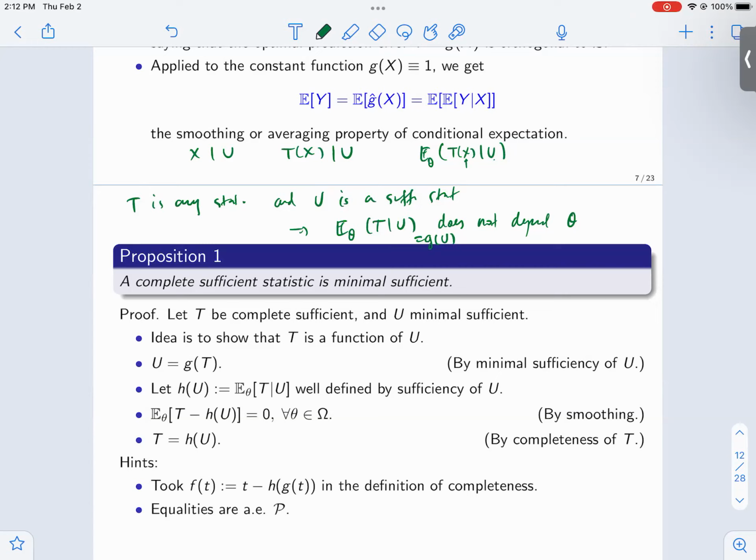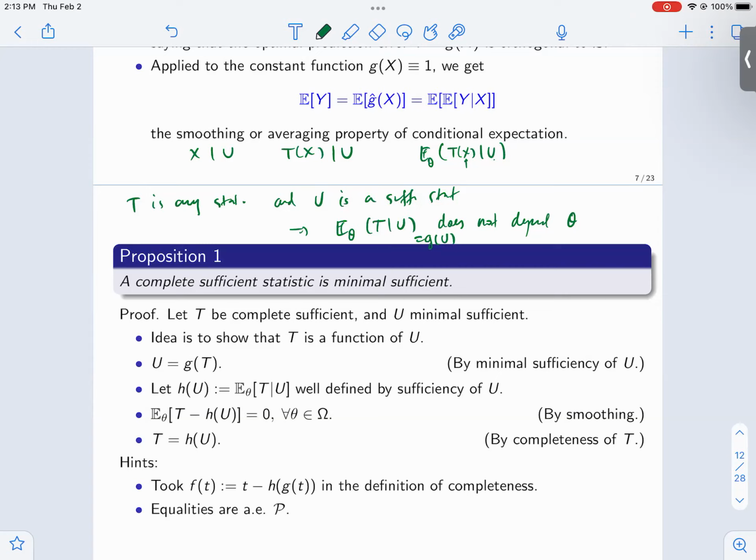Could you repeat one more time why the distribution of x given u doesn't depend on theta? That you tell me. That is not always true, but there's an assumption that you're making here about u. Right. Well, we know that u is minimal sufficient, so it... I'm just assuming sufficiency, not minimal sufficiency.